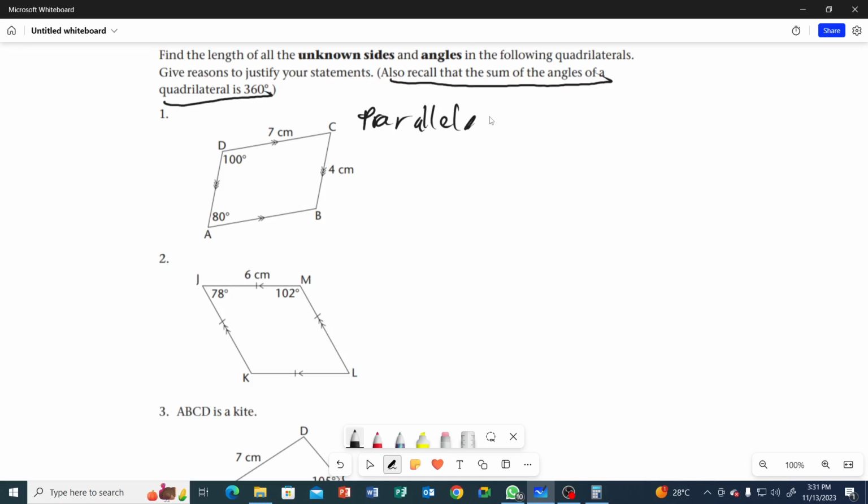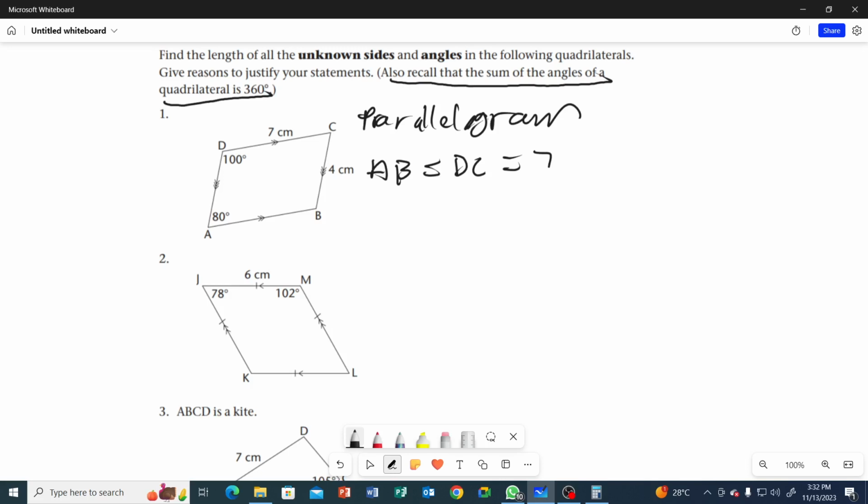So by saying that, line AB is equal to line DC, which is equal to 7 centimeters. Now AD is equal to BC, which is equal to 4 centimeters.